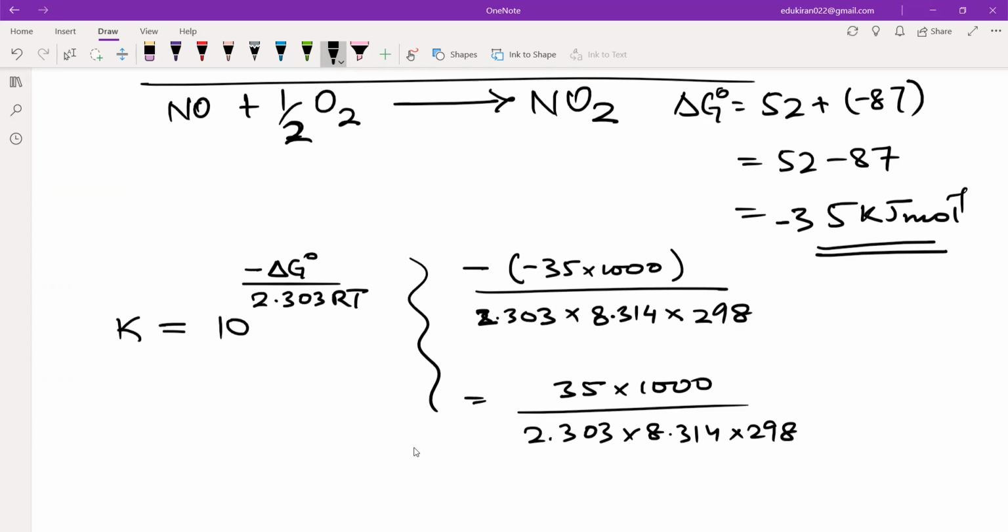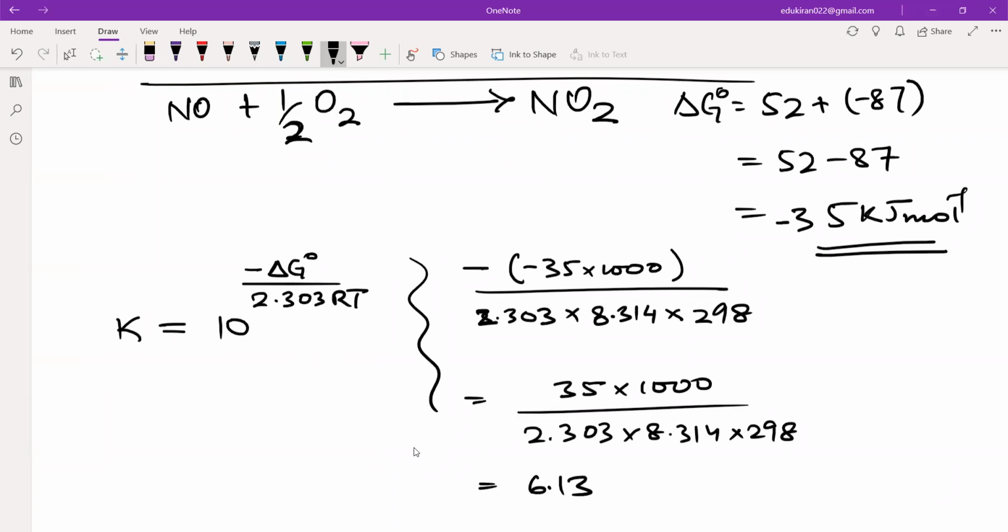So calculate this. We'll be getting this as 6.13.